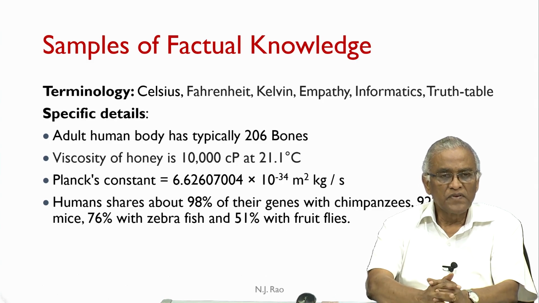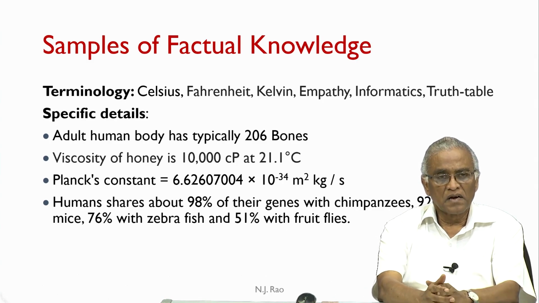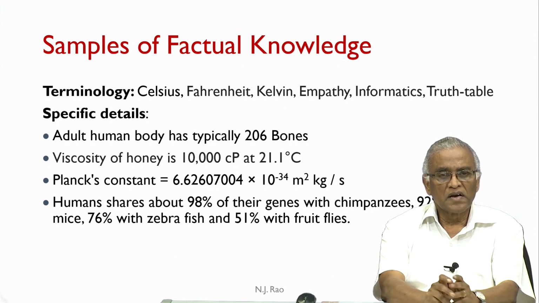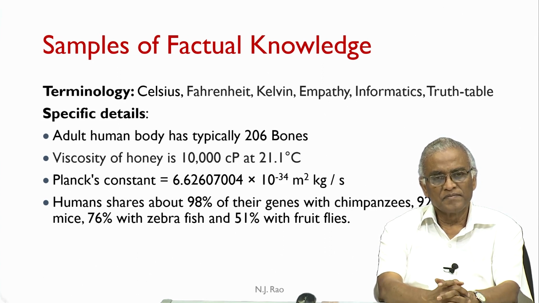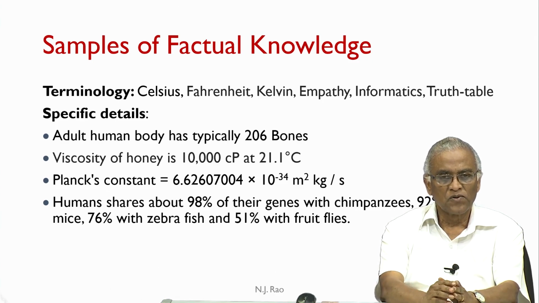And more specific details, like the adult human body has 206 bones. Viscosity of honey is 10,000 cp at 21.1 degrees centigrade. Planck's constant is 6.626 and odd, multiplied by 10 raised to minus 34 meter square kg per second.